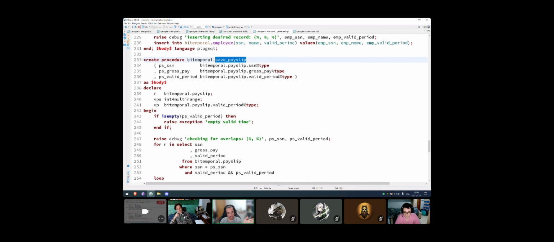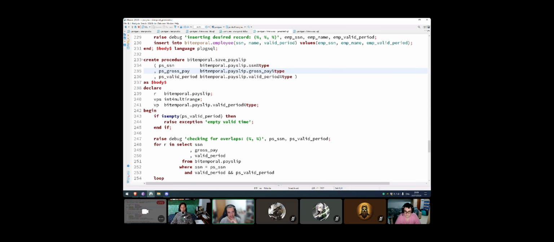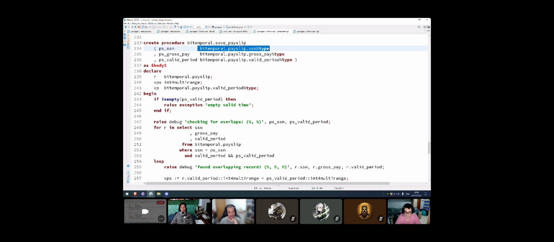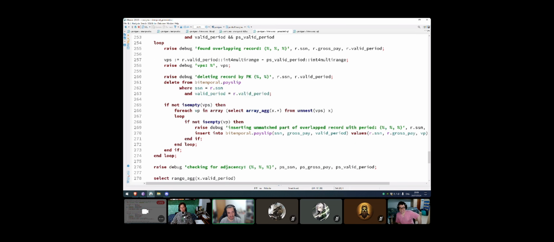And this is the code that would be generated. At compile time, let's call it compile, it would check what the fields from this table are: SSN, gross, and valid period. So it creates a function with these three input arguments, copying the type from the table. And then there is some sort of template to this madness, and it would apply this template for the table.